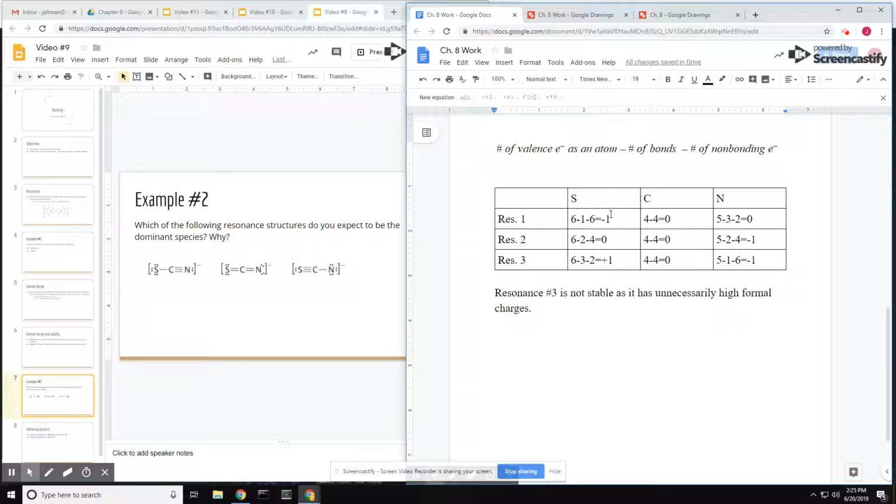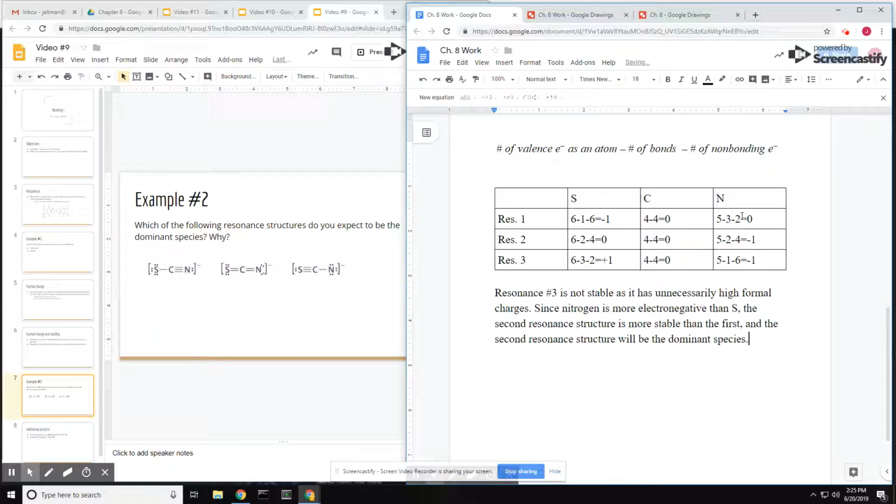Resonance structure 1 has a negative charge on sulfur, and the second one has it on nitrogen. So since nitrogen is more electronegative than sulfur, the second resonance structure is more stable than the first, and the second resonance structure will be the dominant species.